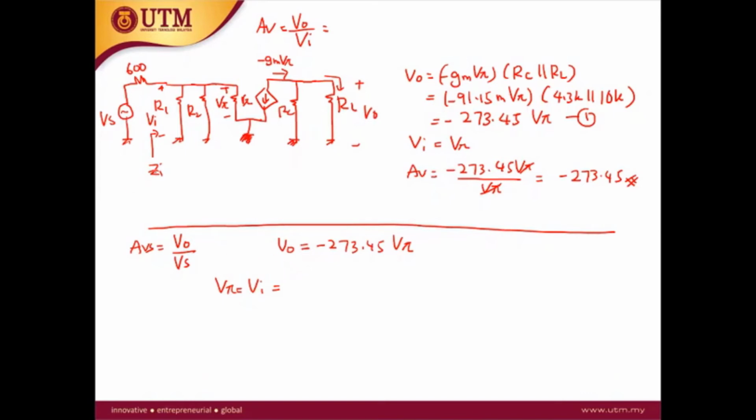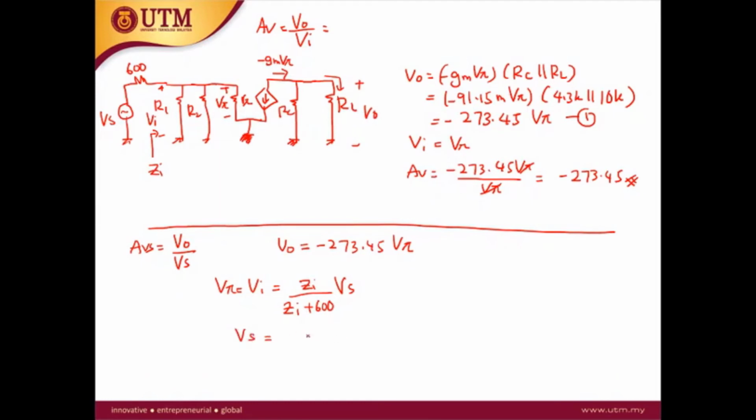So that's why we need to use the Z in in the voltage division. So V in is equal to Z in over Z in plus 600 times Vs.